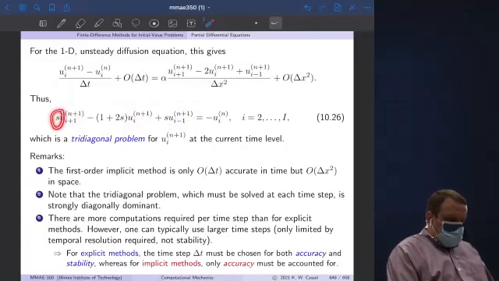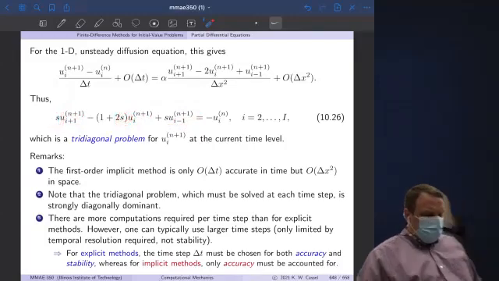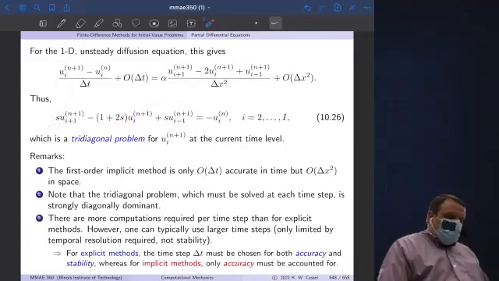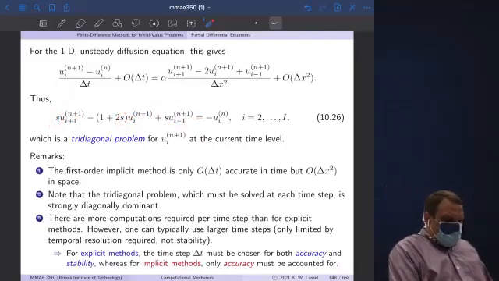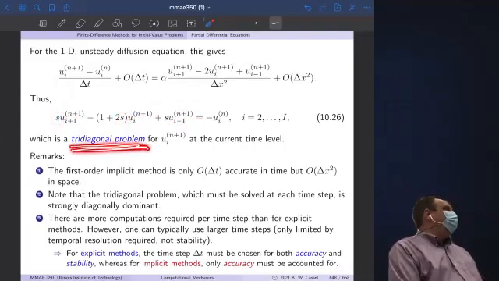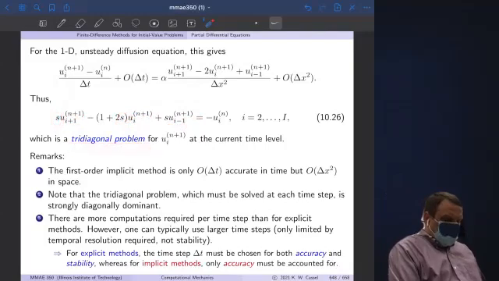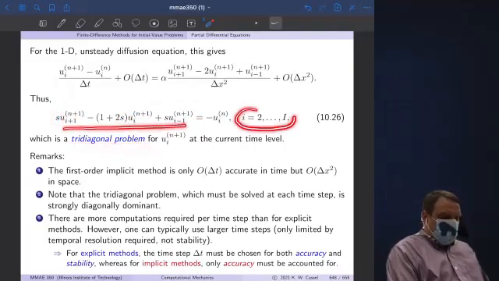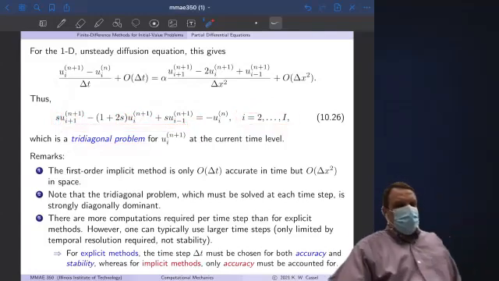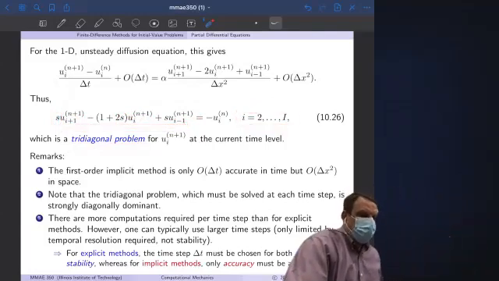I've had the same S definition, alpha delta t over delta x squared. So now, rather than an explicit expression for u_i^(n+1), we now have a tridiagonal system of equations to solve for all of these u's. Because again, i is all of the interior points in my domain.